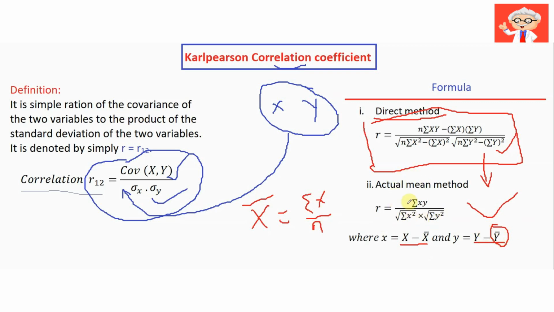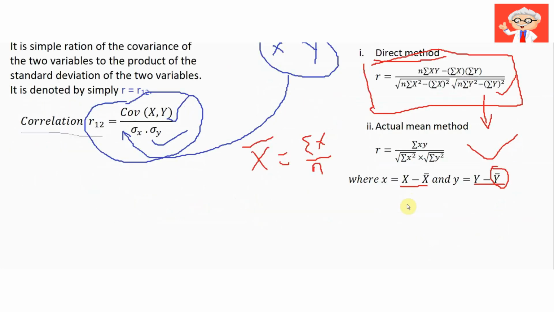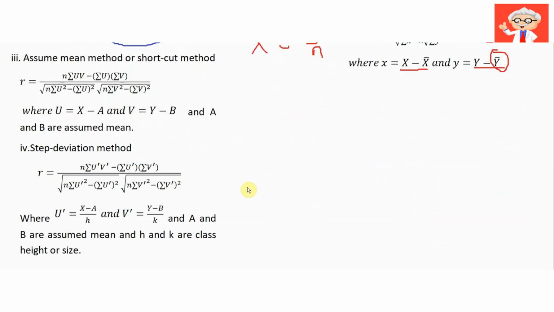Sometimes if the data is too much and tedious, at that time we use the next formula. When we have large data, and it is not very simple, we can use a different formula. Another method is the assumed mean method, or shortcut method. In this case, we consider an assumed mean.